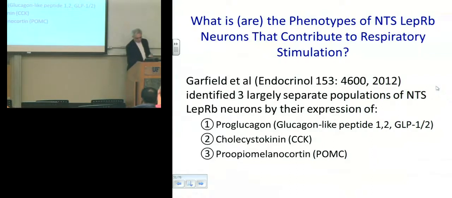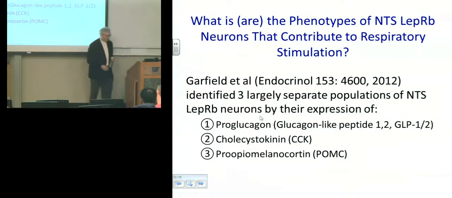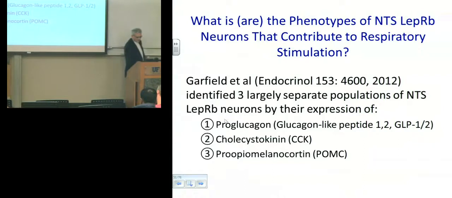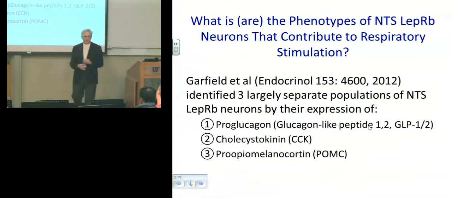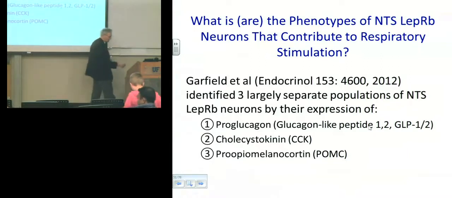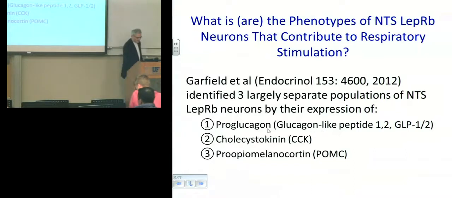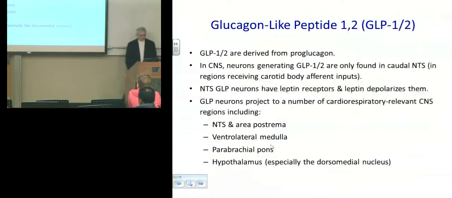There are three populations that have been well characterized. One contains proglucagon, the glucagon-like peptide, and it's virtually the only place in the CNS that can make this particular peptide. And it's in a subset of leptin receptor neurons in the NTS. Another group contains CCK, and a third group contains POMC, or pro-opiomelanocortin, the enkephalin precursor.